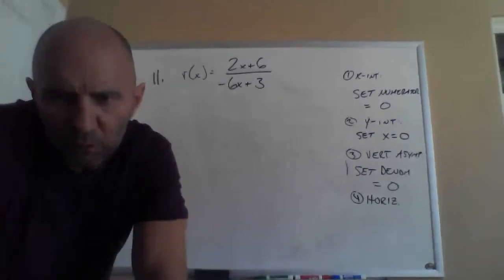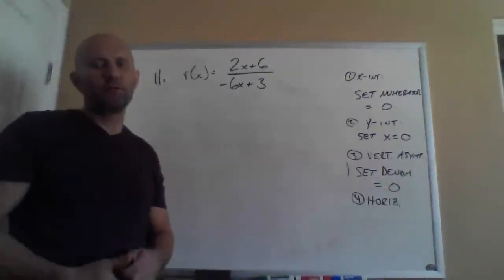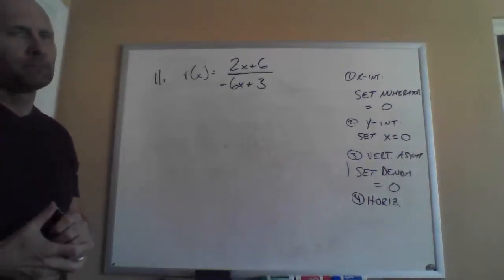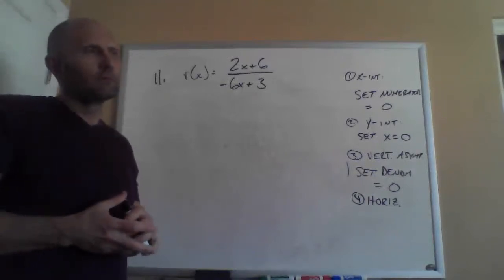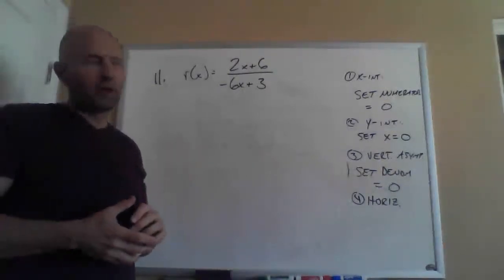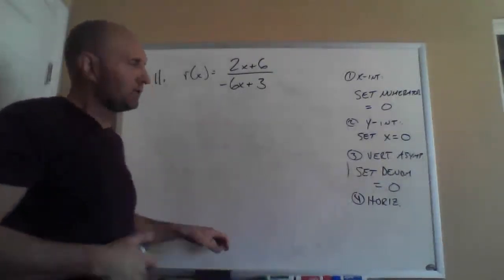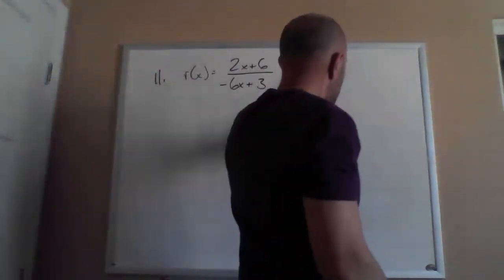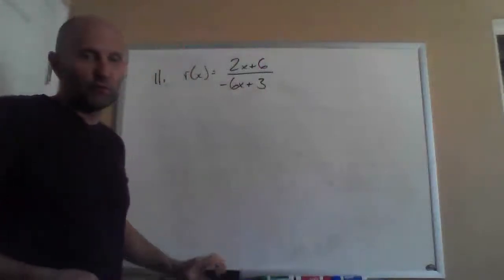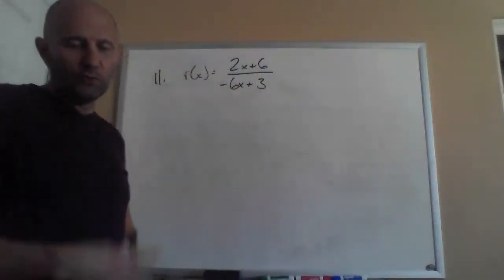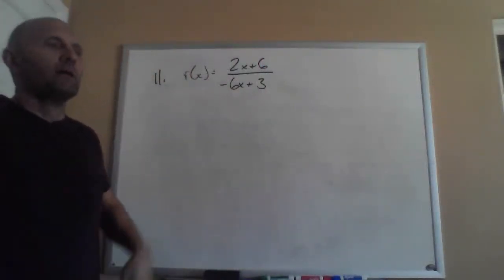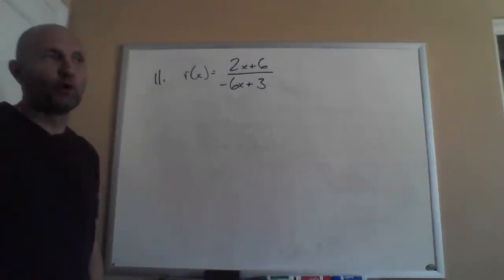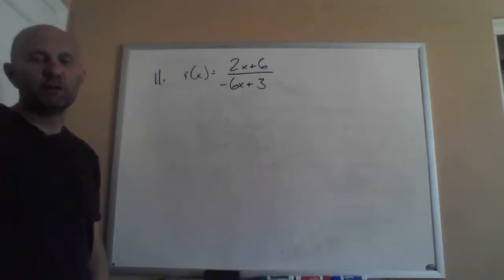We need to state domain and range? Yes. For the ticket out the door, you will have to state the domain and range. So maybe on this one, even though I know it doesn't ask, I'll show you how to find domain and range. The easiest way, I'll be honest with you, is to sketch it. If you sketch out the graph, that will show you what the domain and range is.